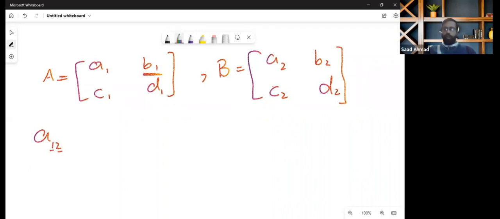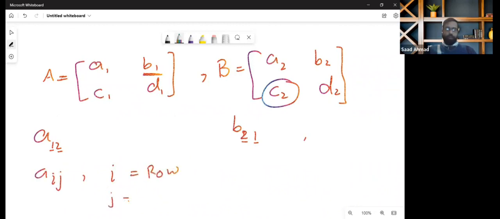If I want to mention an element in B, let's say this one, I give its address as b2,1, because it is second row, first column. In general, for a general matrix, we write a i j, where i is the row and j is the column.